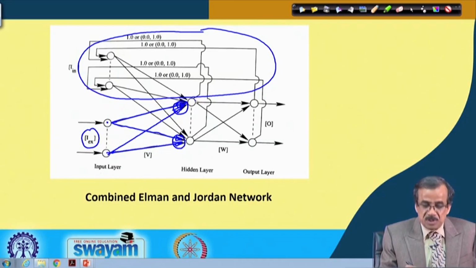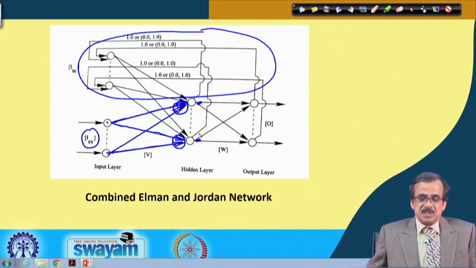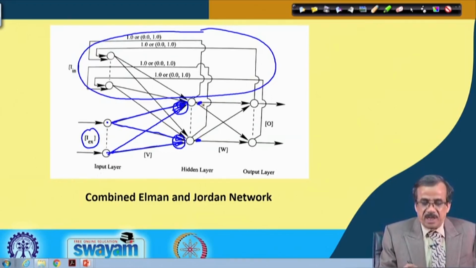Now, I will pass these inputs to the hidden layer. So, I will be getting some output here, and some output here. Now, what I do is, this particular output has now got two applications.